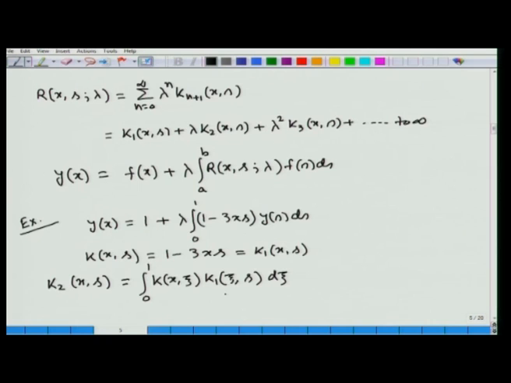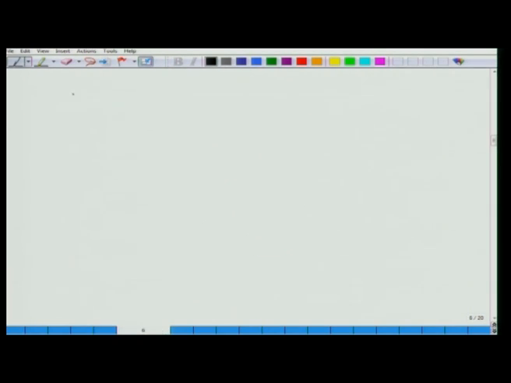So, with this definition, that is k(x,s) equal to 1 minus 3xs and k1(x,s) equal to 1 minus 3xs, we can write this is equal to the integral from 0 to 1 of (1 minus 3xξ) multiplied with (1 minus 3ξs) dξ.